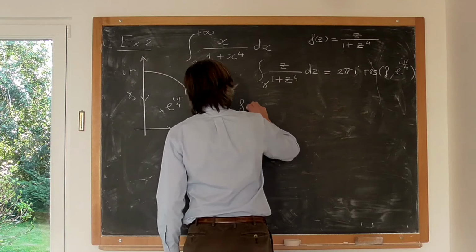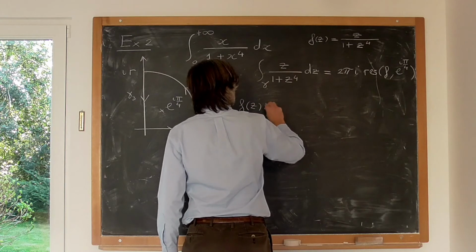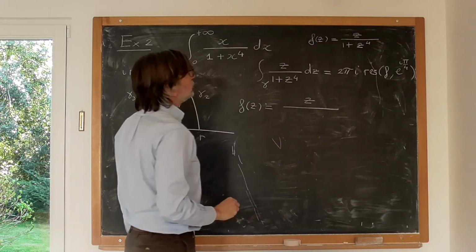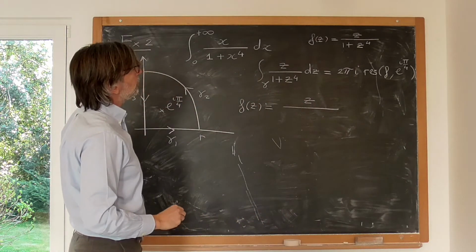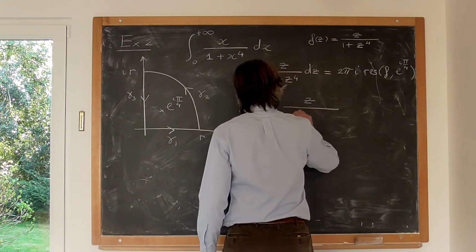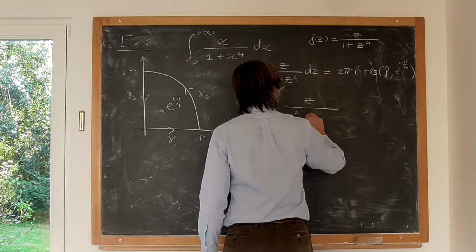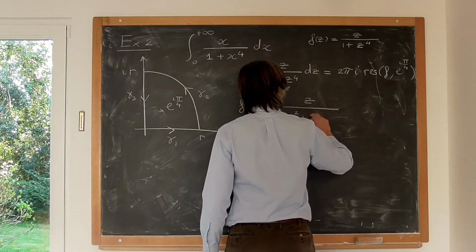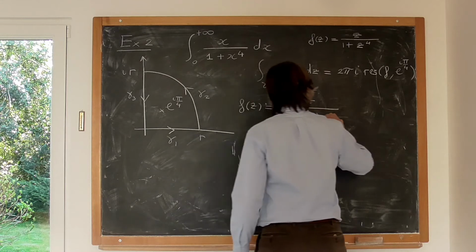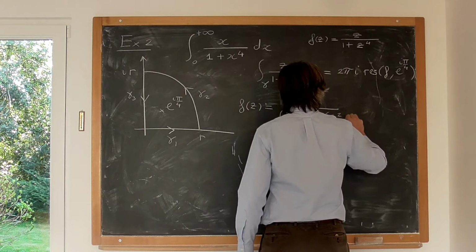So this function f can be rewritten as z divided by z to the 4th plus 1, and this can be decomposed as z squared minus i times z squared plus i.